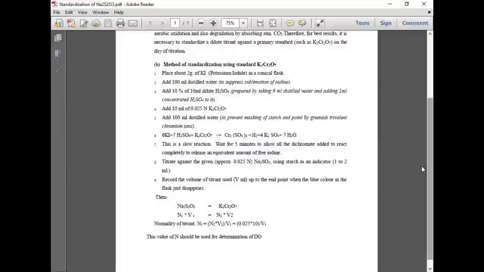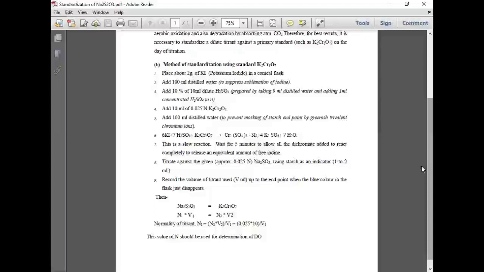We are going to find out the normality of sodium thiosulfate by using the formula N1V1 is equal to N2V2, where N1 and V1 are normality and volume of sodium thiosulfate respectively, and N2 and V2 are normality and volume of K2Cr2O7 respectively.